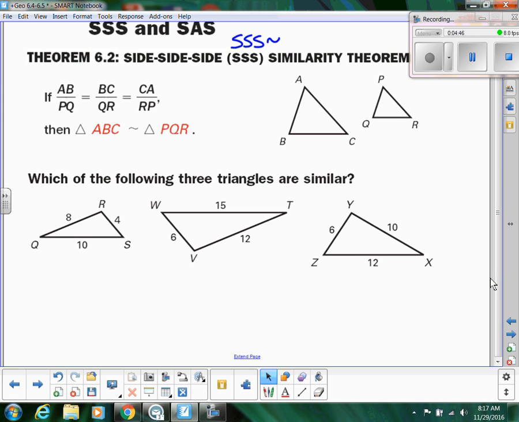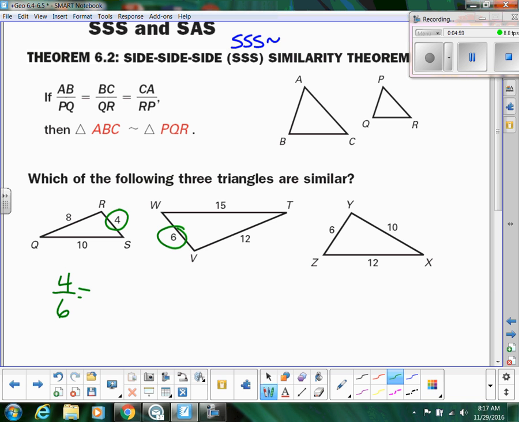Which of the following triangles are similar? We're going to compare the sides. If I look at the smallest, that's the smallest here, that's the smallest there. So 4 over 6, we're going to see if that's equal to the medium over the medium, 8 over 12, and the same as the largest over the largest.